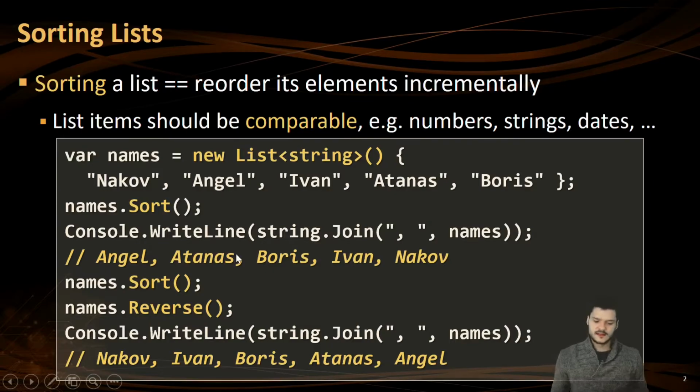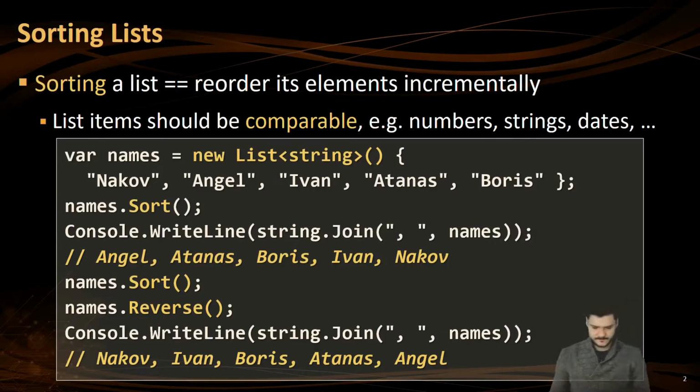As you can see, the items in a list should be comparable, like numbers, strings, dates. If we are trying to compare cats, as I told you, or dogs, or an object that we have created, or something complex, we have to define how we would like to compare them. I'm not going to go into details about those comparators, and we're just going to start with simple comparable elements like numbers and strings.